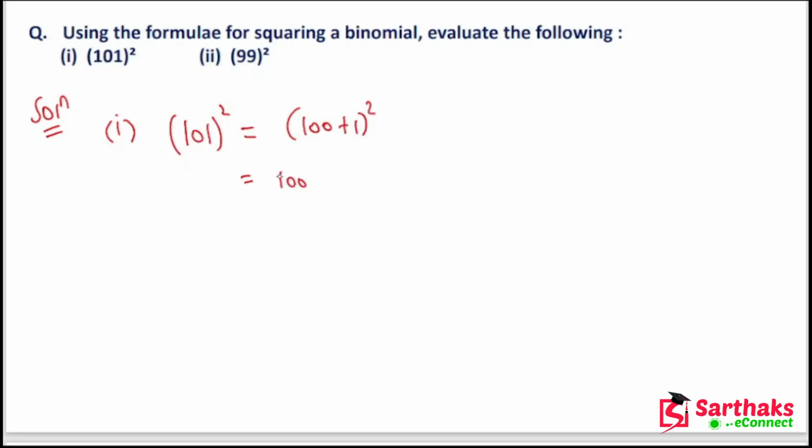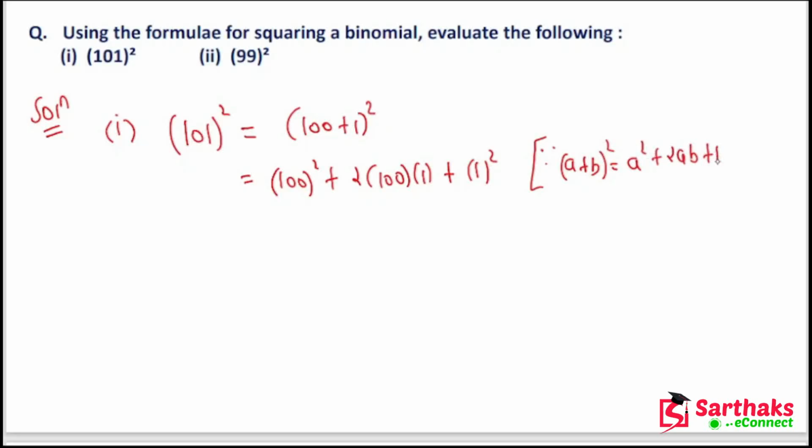So it is a square plus 2 into a into b plus b square. Okay, so you can assume that a is equal to 100 and b is equal to 1. So you have used the identity. So let me write the identity. Since a plus b whole square is equal to a square plus 2ab plus b square, right?